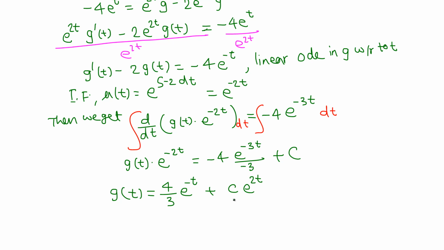If you want, you can take c equals 0. This is the general function, where c is an arbitrary constant. You can take c equals 0 to give a specific function, but you can just leave it here as final.